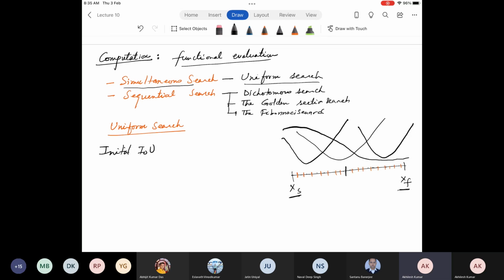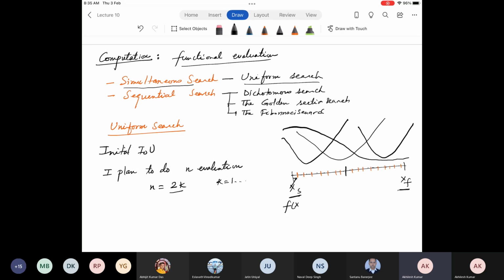Suppose I plan to do n evaluations, and based on that I will try to find. Suppose n is 2k, just keep it an even number. At all these 2k points, I will do the functional evaluation.